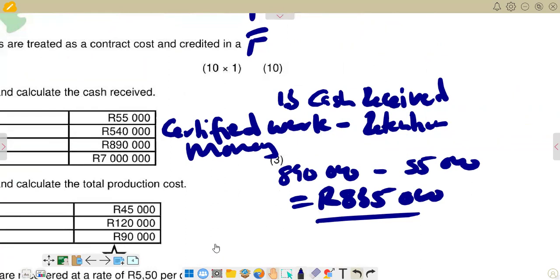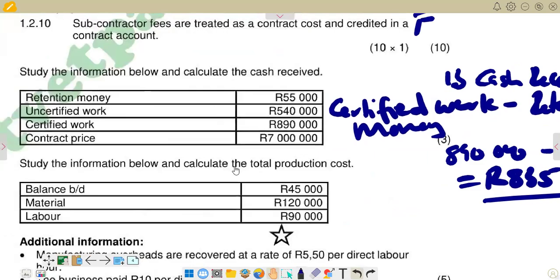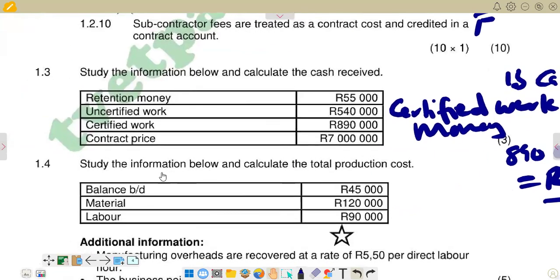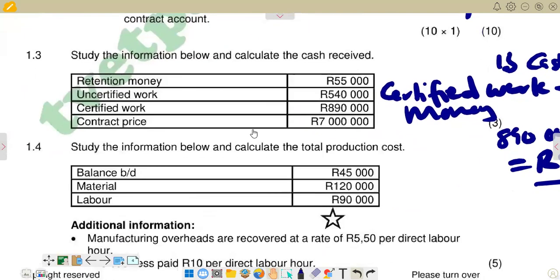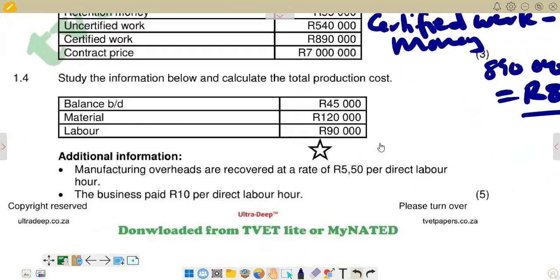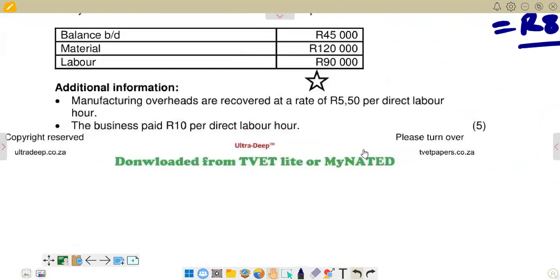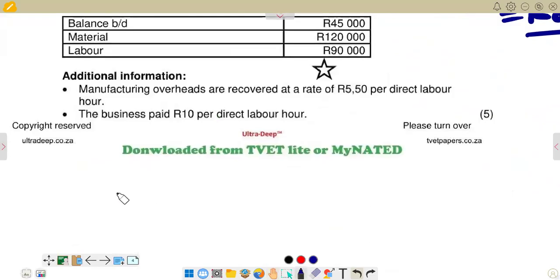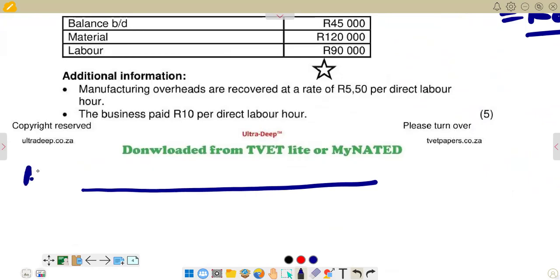Then we go to the next question to see what it says. Read the information below and calculate the total production cost. So maybe we can indicate it in the form of a statement. So let's just say this is 1.4.